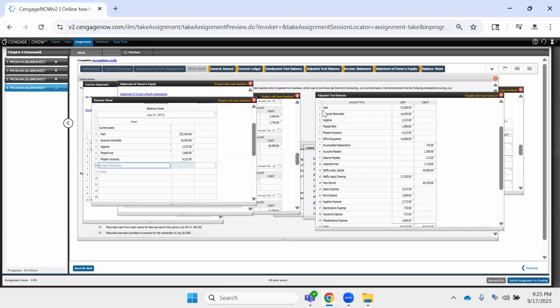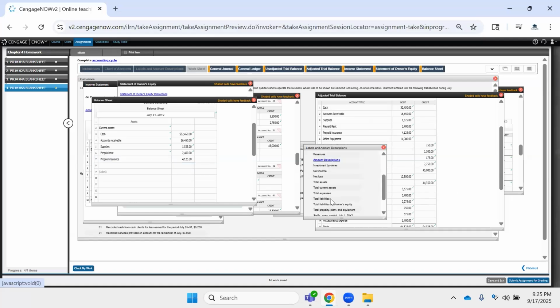And these top 5 accounts, these are our current assets. And so then we have our label for total current assets, and we add all those up to be 56,950. And then we can start with another label being property, plant, equipment.